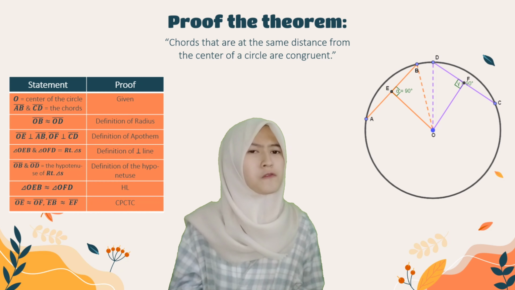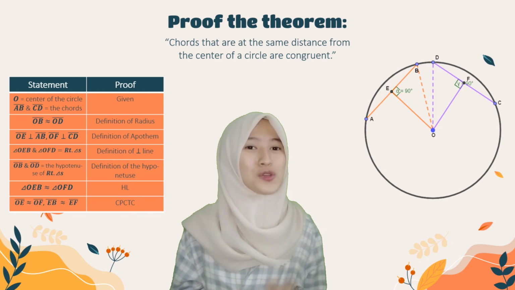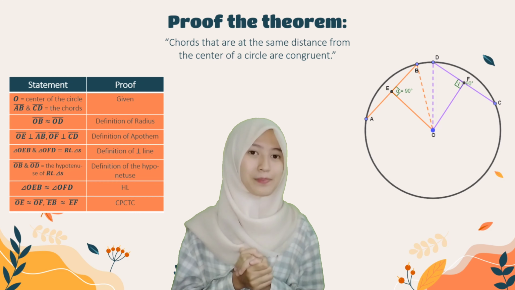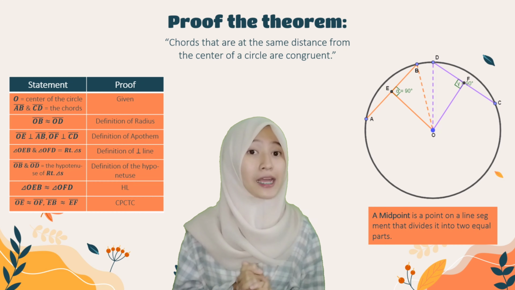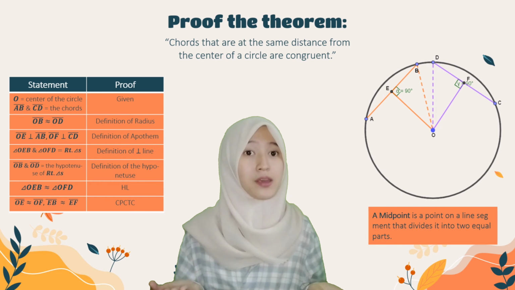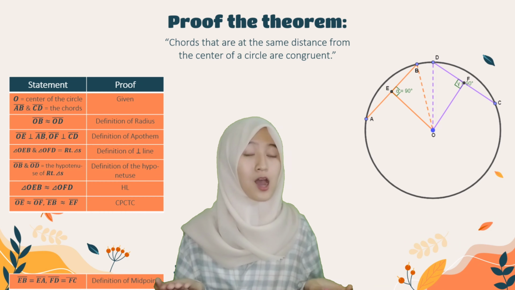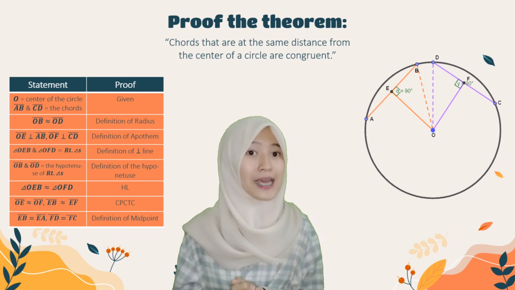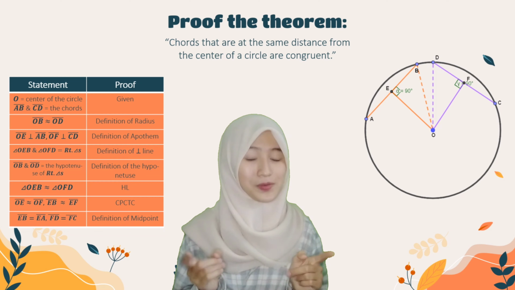Then, before, we used the midpoint to draw the apothem, which means that the length of line AE and the length of line EB are the same. Also, line CF and the length of line FD are the same too.